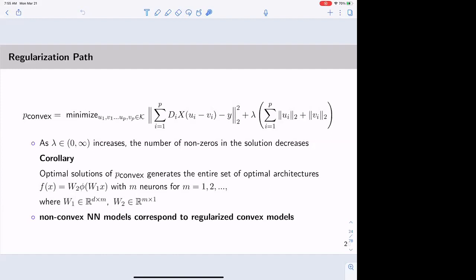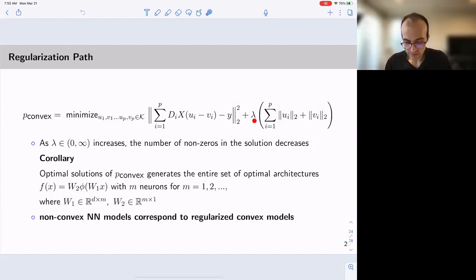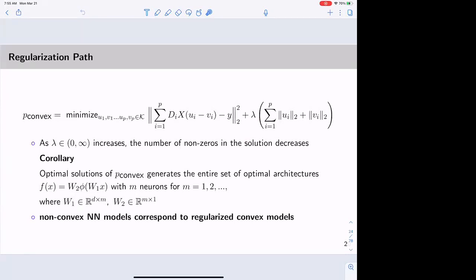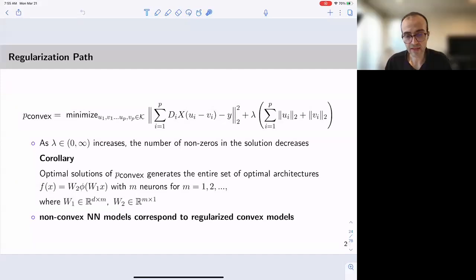It turns out that if you scan over lambda and solve all the solutions, it will give you the entire set of optimal architectures with different number of neurons, because this lambda actually controls the number of non-zeros, and the number of neurons you can transfer to the non-convex problem. So an architecture search in the non-convex optimization, meaning you try out lots of different hidden neuron values, is identical to a regularization search in the convex optimization domain.